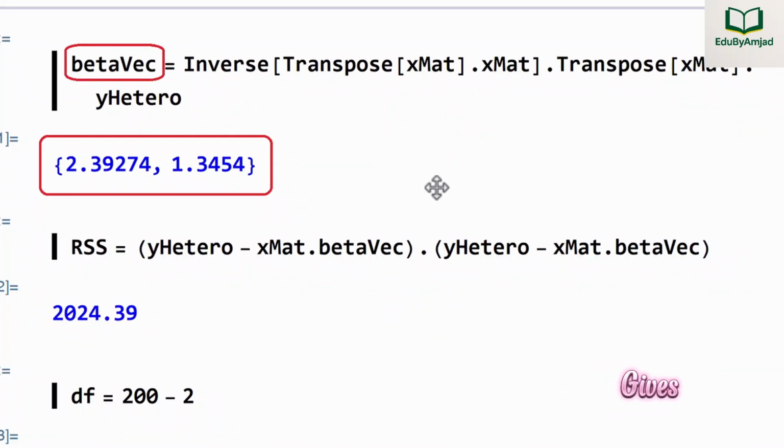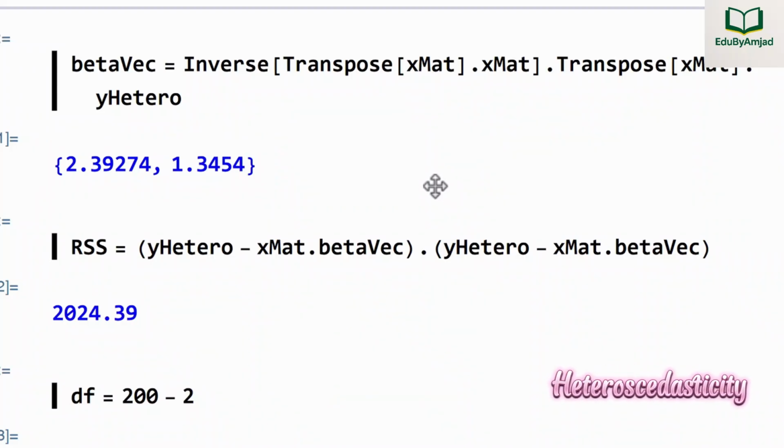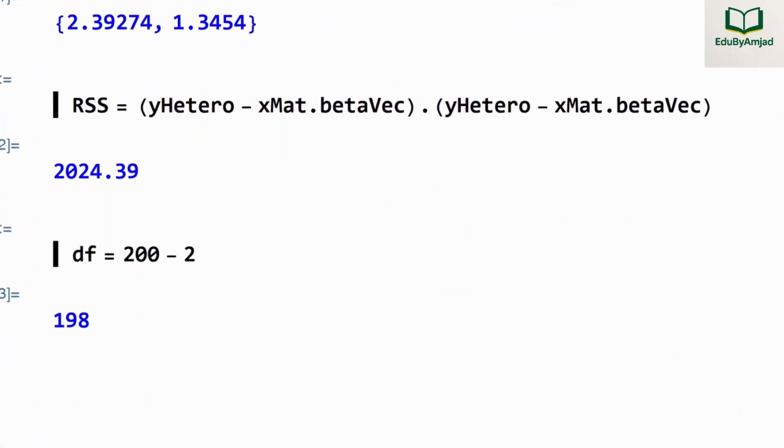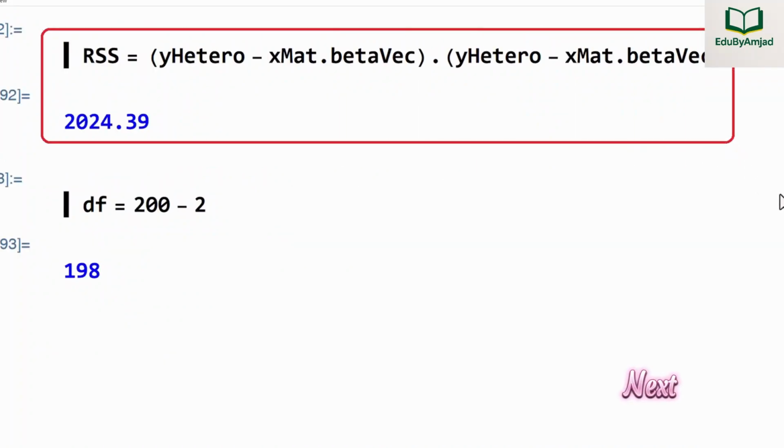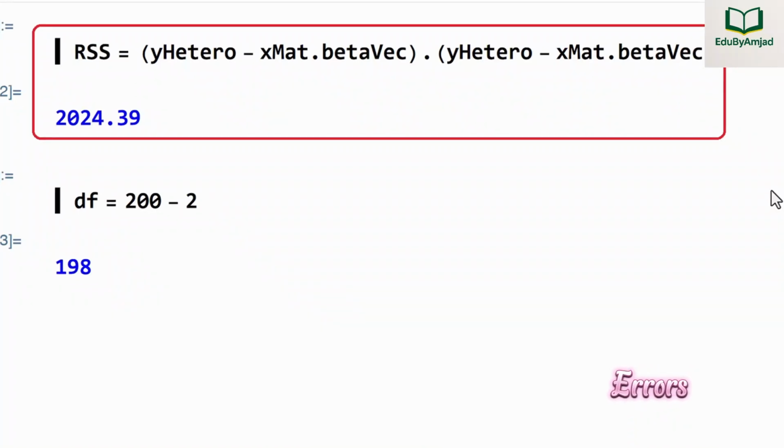Ordinary least squares gives coefficient estimates that remain unbiased under heteroskedasticity. But their standard errors become unreliable, which distorts t-tests and confidence intervals. Next, we compute the ingredients required to obtain the OLS standard errors for our estimated coefficients. Residual sum of squares is the dot product of the residual vector with itself.